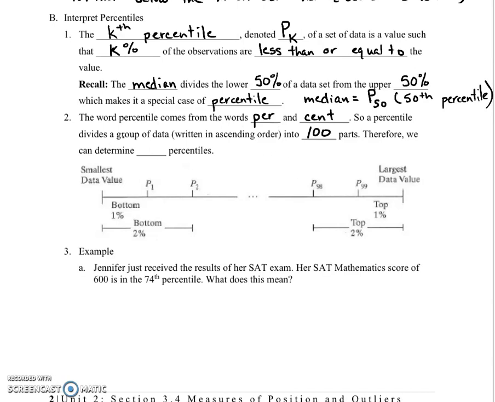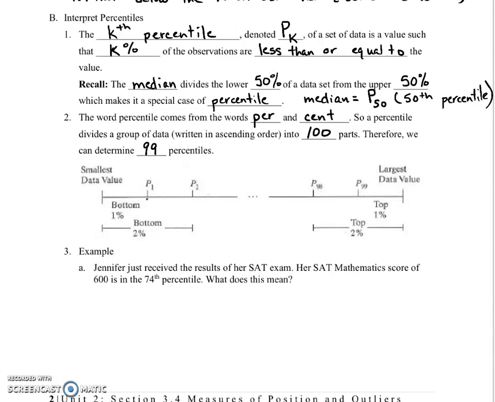So we can determine only 99 percentiles. So that's P1, 2, 3, 4, all the way up to P99. The largest data value would be P100, but we don't talk about it that way. So if you look, your smallest data value is on the left, and then we put the percentile so that we get 1% in every little division.